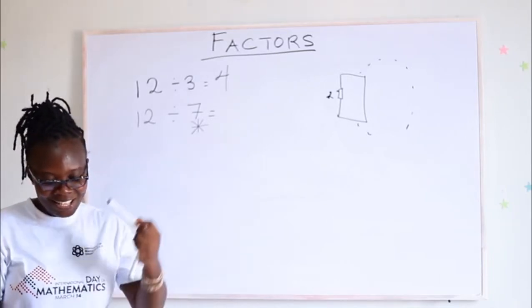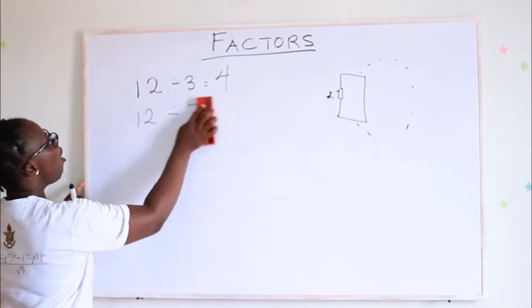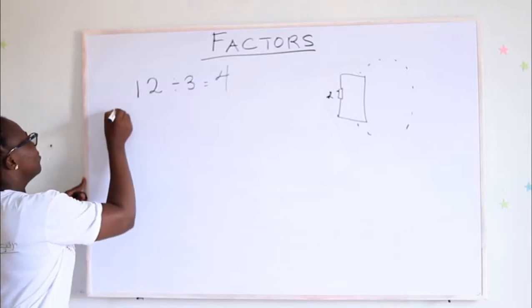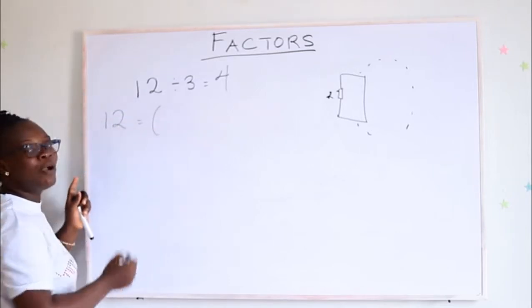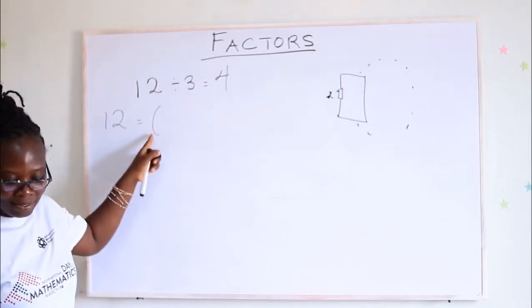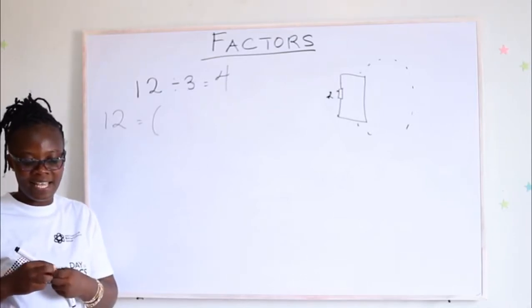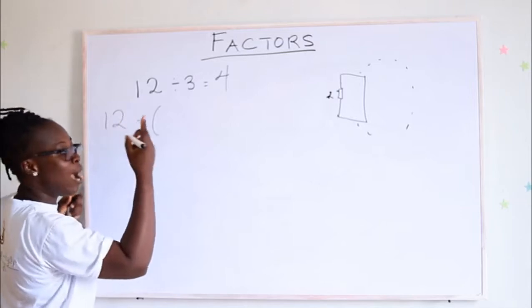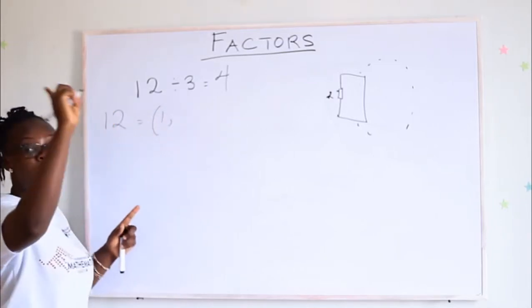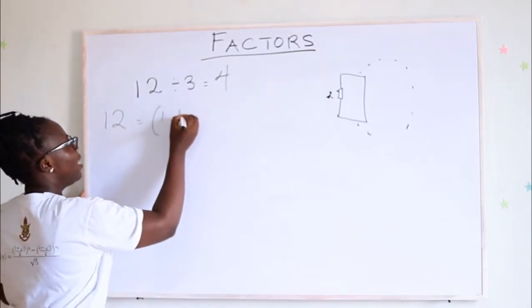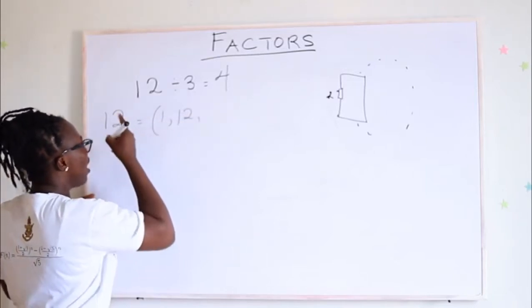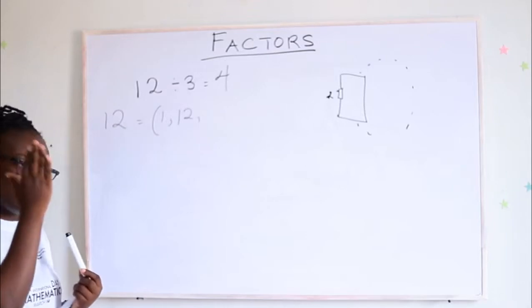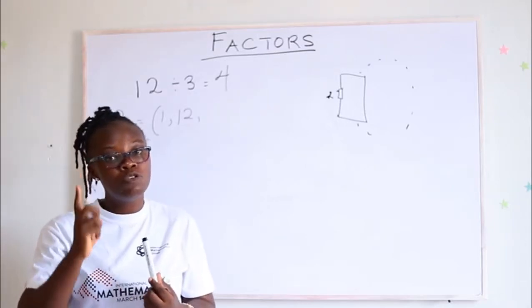So now let's try finding the factors of 12 again. Let's take 1. 1 can divide it exactly. So it has a 1 and itself. 1 and itself will always be factors because 1 divides 12 exactly to give you 12.